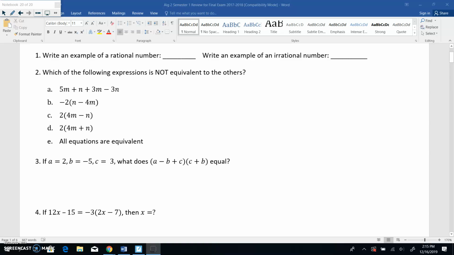Okay, so first question here is write an example of a rational number, and then also write an example of an irrational number. Okay, on the test, remember this is all multiple choice, so you just need to know the definitions between the two. Okay, a rational number, all right?